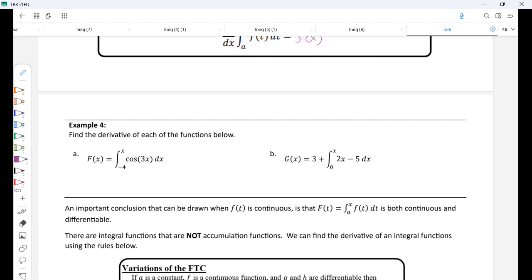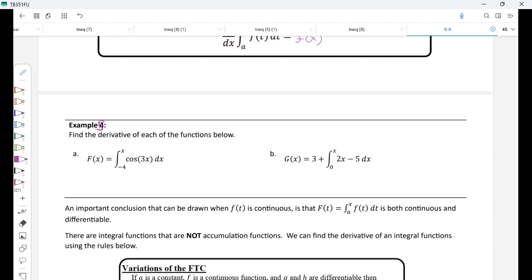Find the derivative of each function. Letter A, is capital F of x an accumulation function? Does it start at a constant and end at just a variable? Yes.